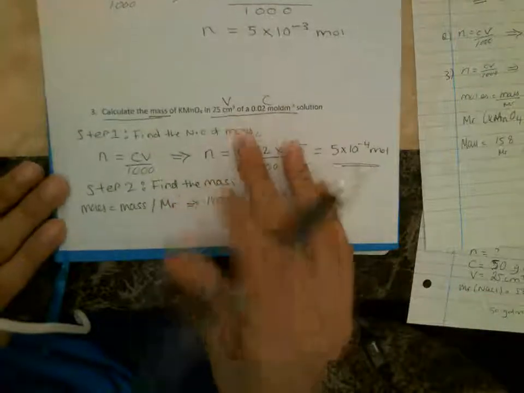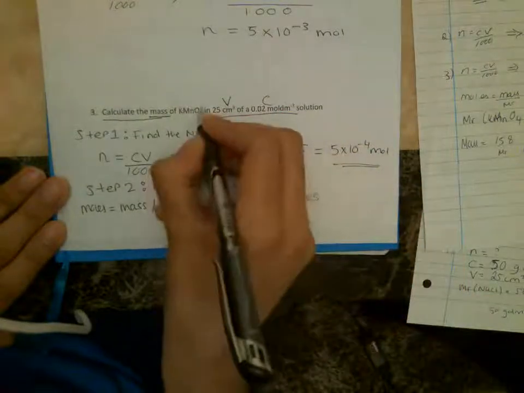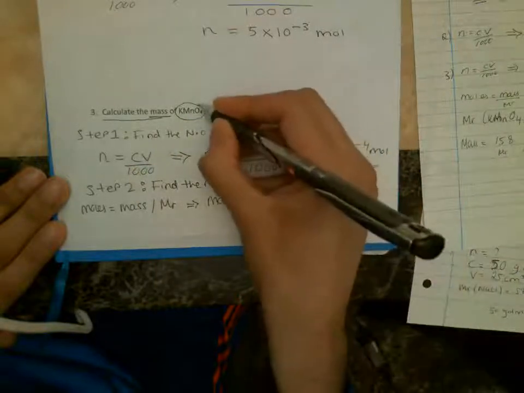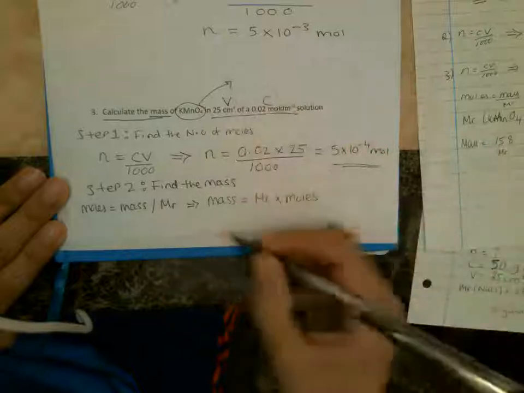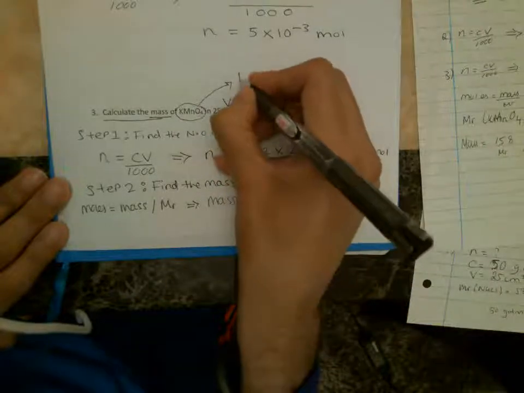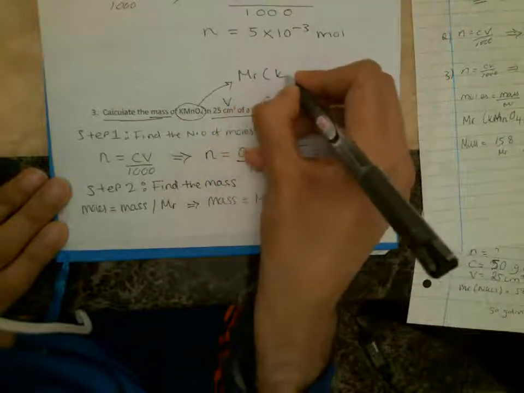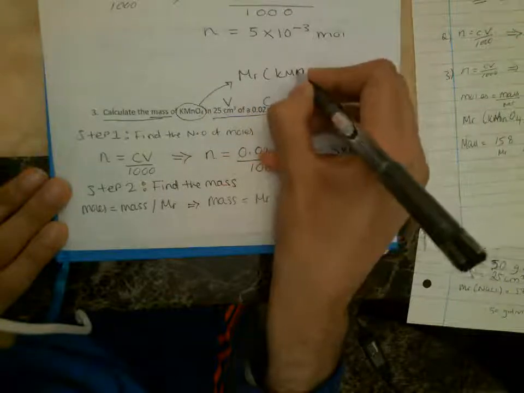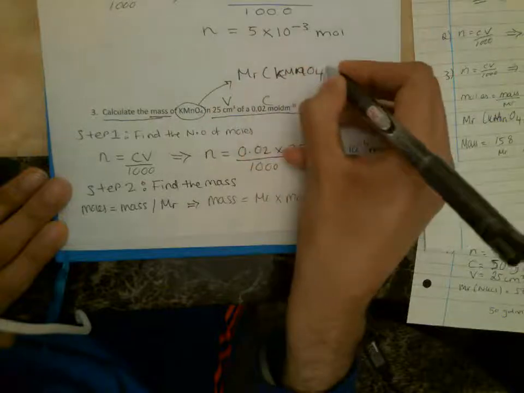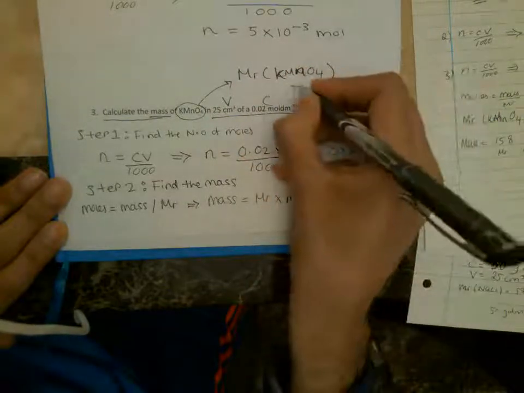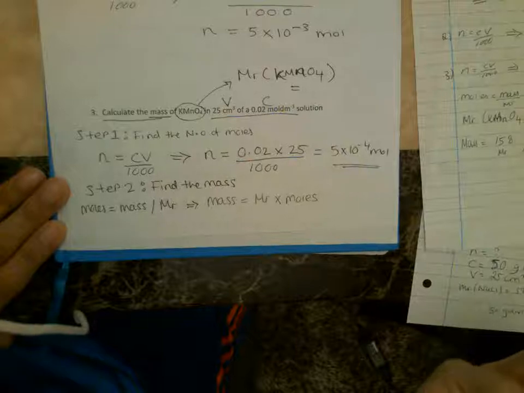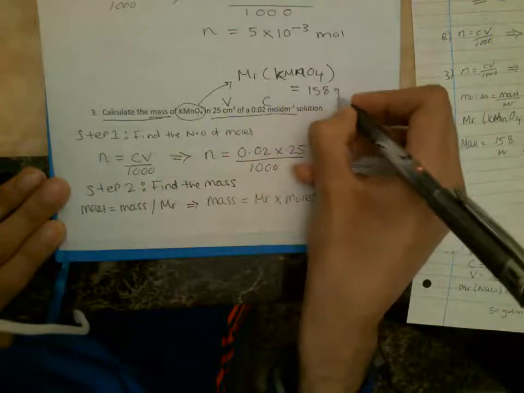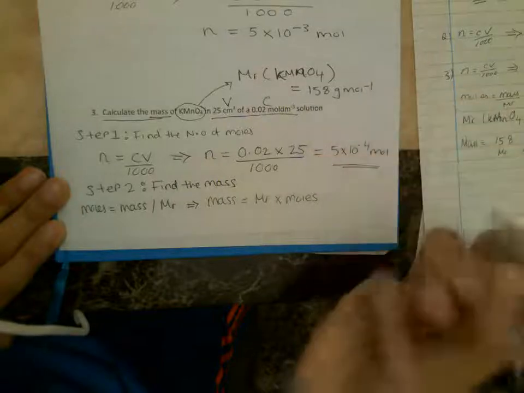Now one thing we haven't done is calculate the Mr of potassium manganate. I'm going to go up here to calculate the Mr because I'm running out of space down here. So the Mr of potassium manganate will be 158 grams per mole.